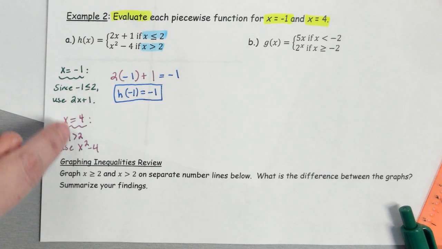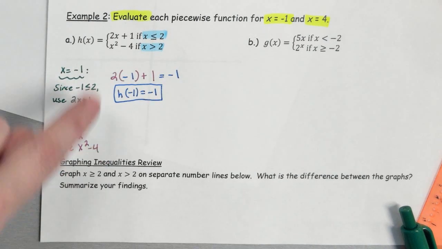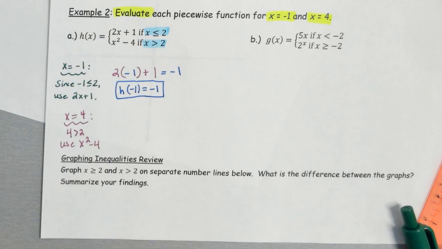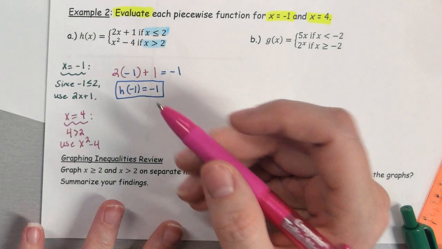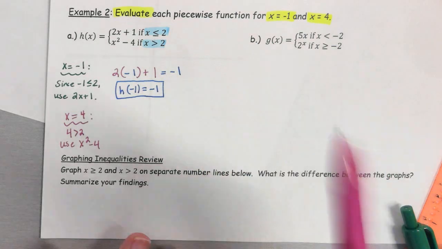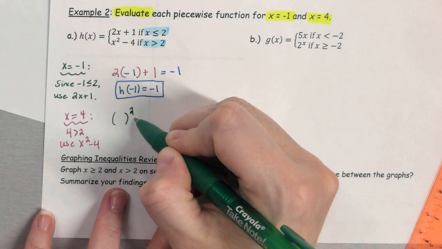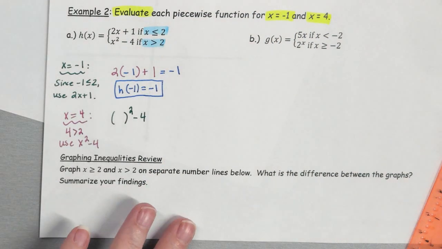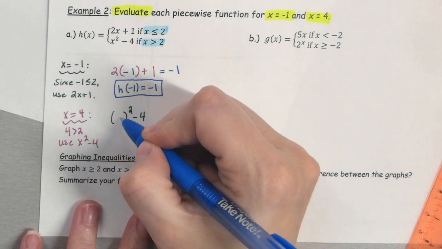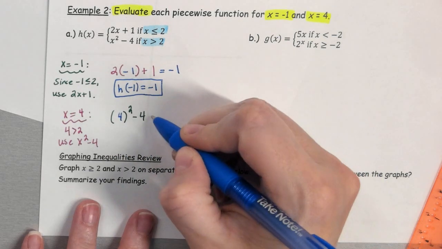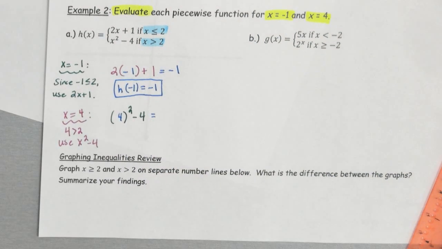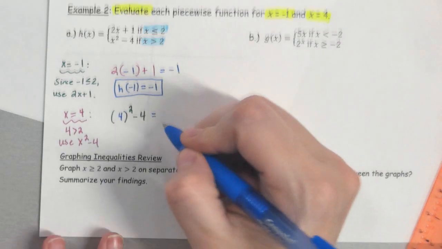I do want it in your notes so you understand why you use that part of the function. And then we're just going to plug it in. So we have x squared minus 4. We're going to plug in 4. Okay, and then, Adam, what did you get for that one? 12. Okay, and then let's write it.